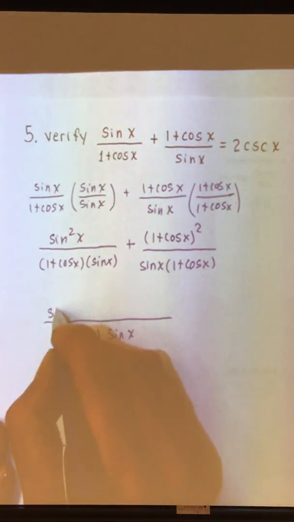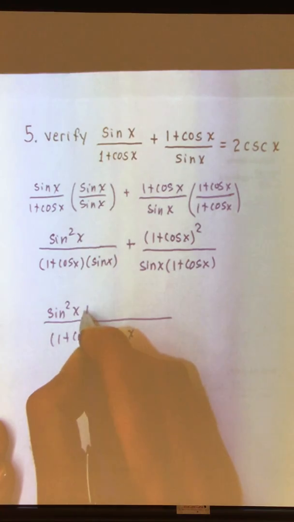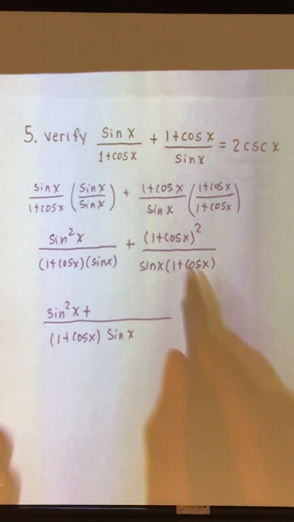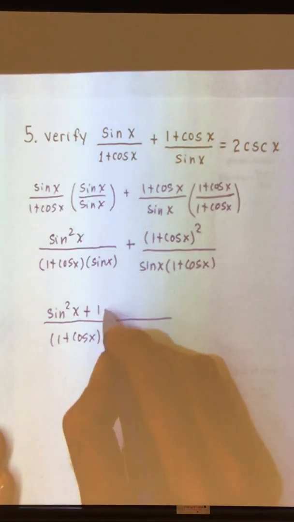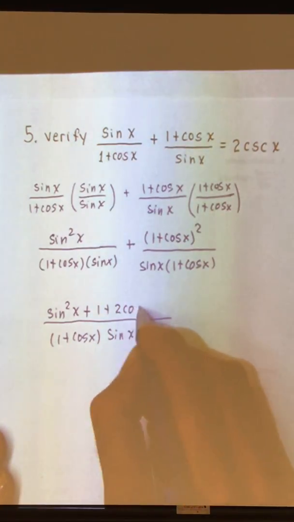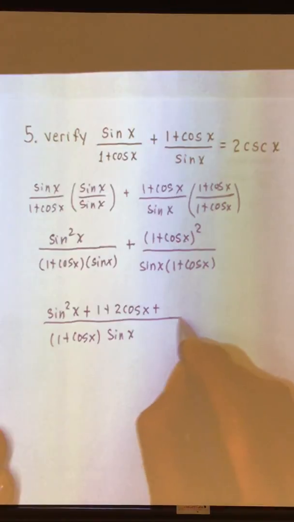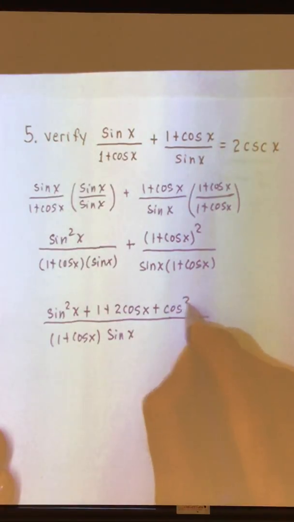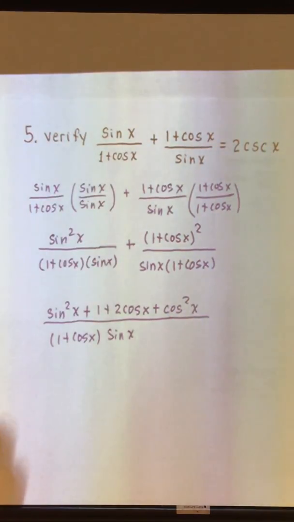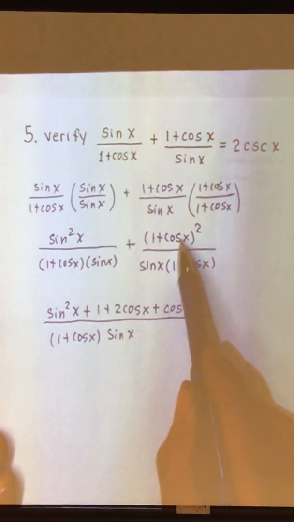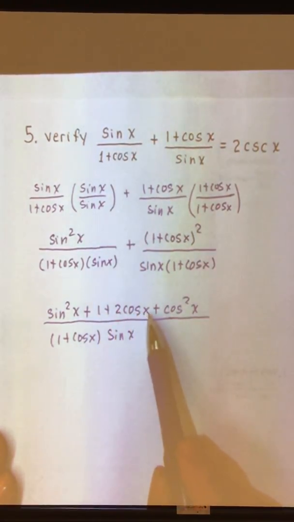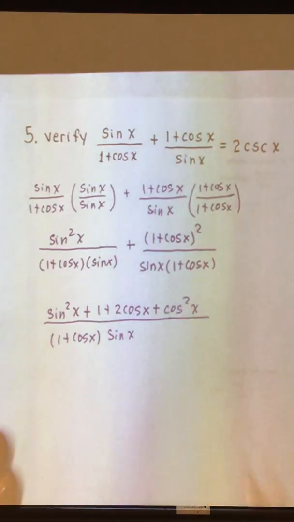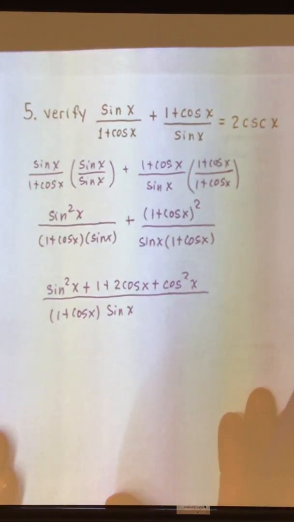So I have sine square x from this term plus. Now we expand the binomial 1 plus cosine of x all squared, and we get 1 plus 2 cosine x plus cosine square x. So that's expanding the binomial: a plus b, the quantity squared, is a squared plus 2ab plus b squared. Okay, now what do I observe?